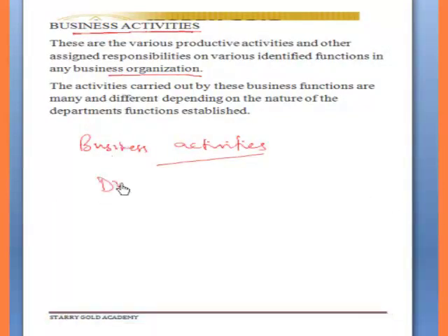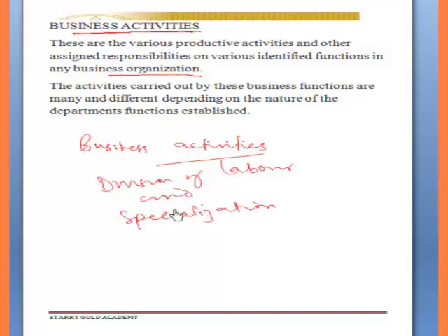So it follows the concept of division of labor and specialization, which means each of these functions or departments we have identified performs different functions, and they are so specialized in those functions and responsibilities which they perform in a given organization, the purpose of which is to facilitate the direct production of goods and services on one hand, as well as contributing significantly towards achieving the set goals and objectives of the organization.